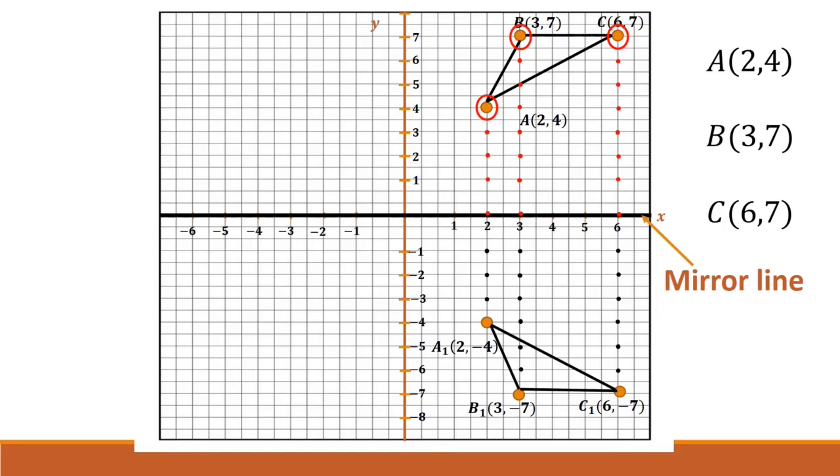So the last point becomes our point C1, which is 6, -7. And so I'll join the point A1 to B1, B1 to C1, then I'll join A1 to C1. And this produces the image triangle A1, B1, C1.